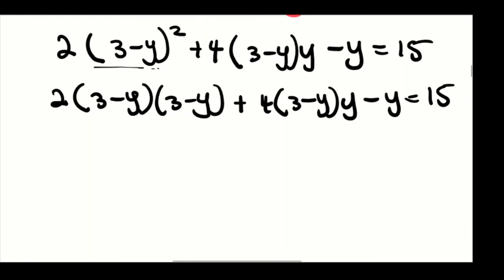Then we're just going to multiply through this expression here using your FOIL method.